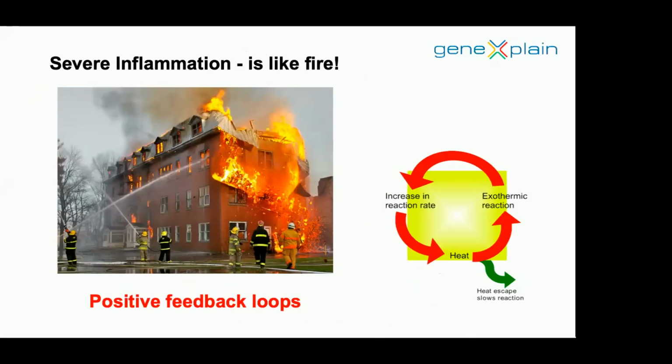As I said, these positive feedback loops are similar to what we observe in severe inflammation. It's like a fire, when the fire supports itself and it grows more and more. The search for these positive feedback loops is essential for finding the best drug targets.